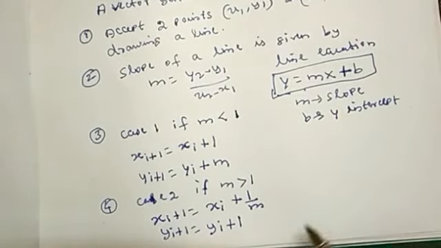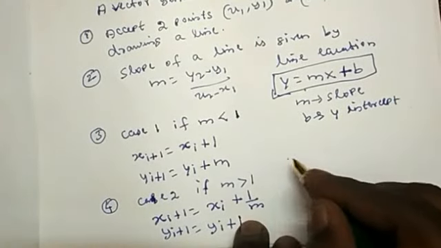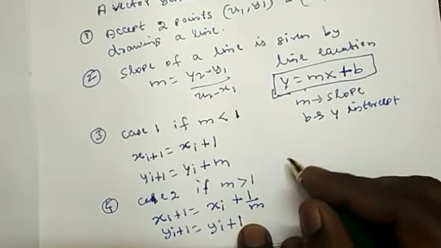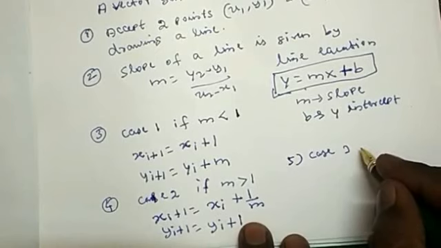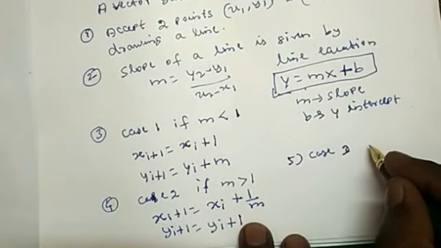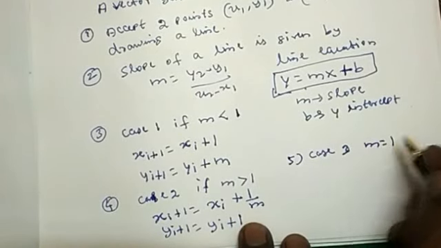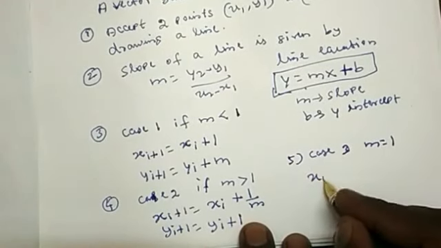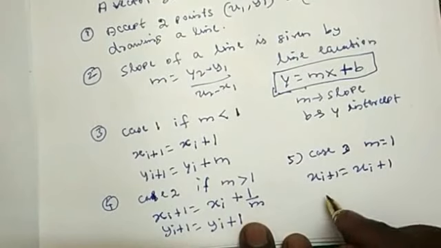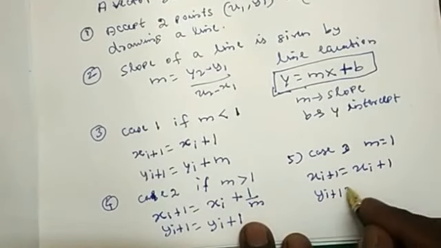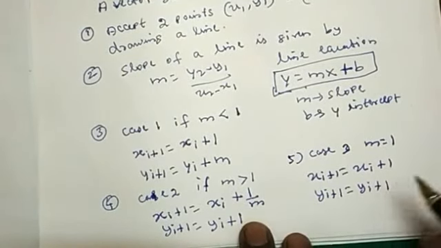Suppose we have case 3. If both are equal, that means if m is equal to 1, then x of i plus 1 is equal to x i plus 1, and y of i plus 1 is equal to y i plus 1.